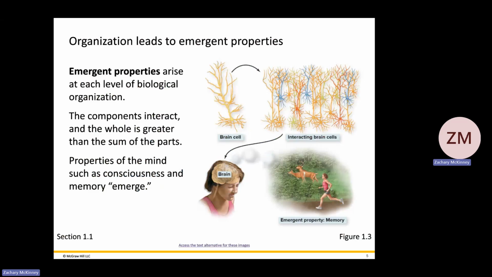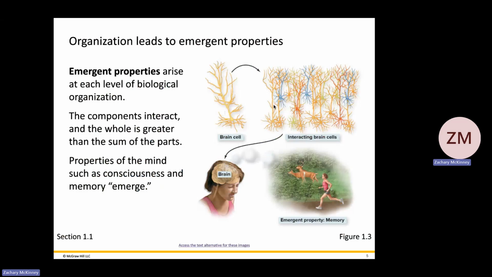All right. So, staying on this organization for another minute, I hinted at this: complex structure, complex function. The more organized you get, the more complex your function is going to be. We call these emergent properties, properties that arise as you get more organized. This example is showing just one brain cell. One neuron on its own can conduct an electrical signal, sure, but it can't really give you consciousness.